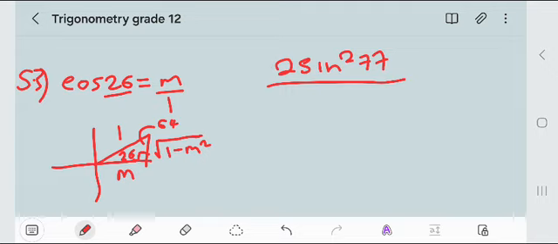How can we rewrite 77? I can say 90 minus 13, for argument's sake. You can use a cofunction. 77 is the same as 90 minus 13.